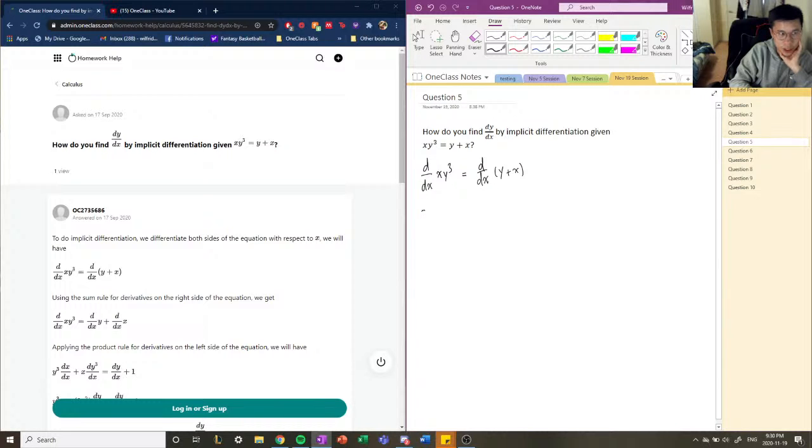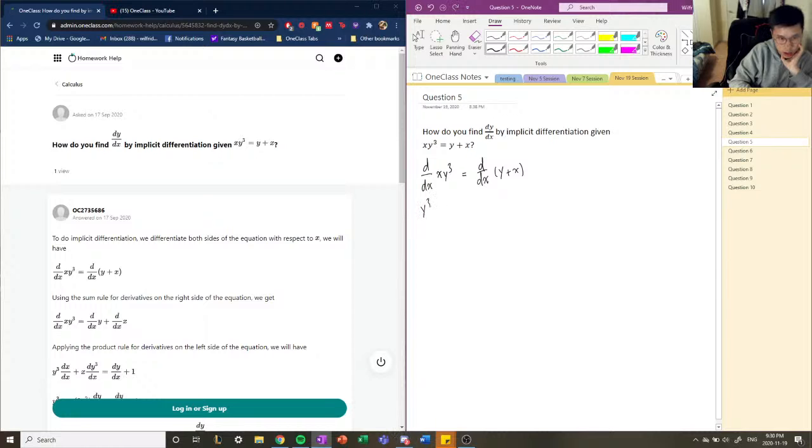The derivative of x is just 1, so 1 times y cubed. Let me just write it out entirely.